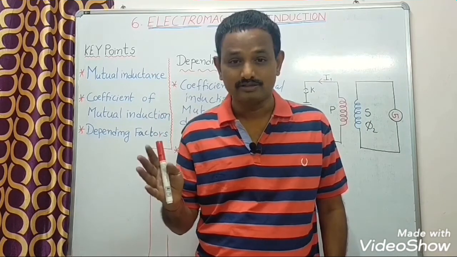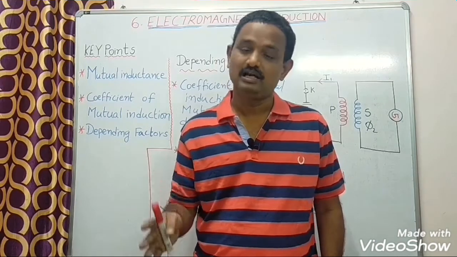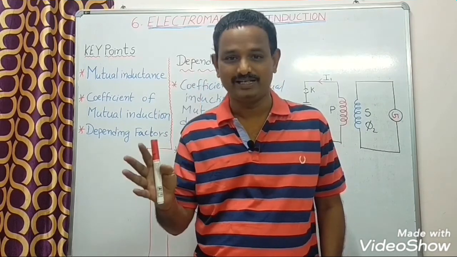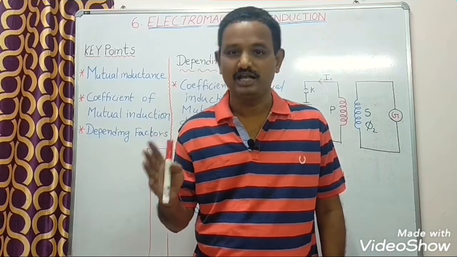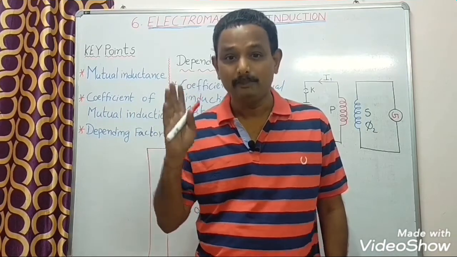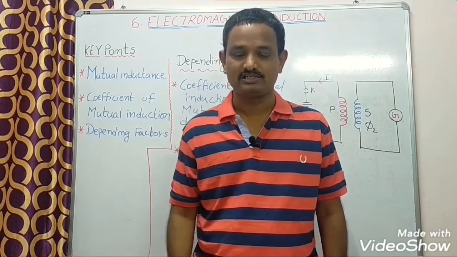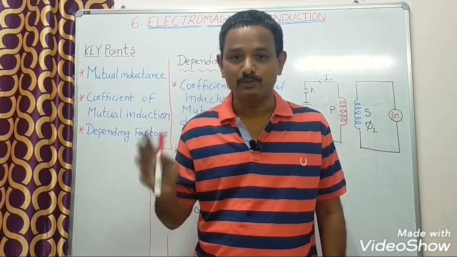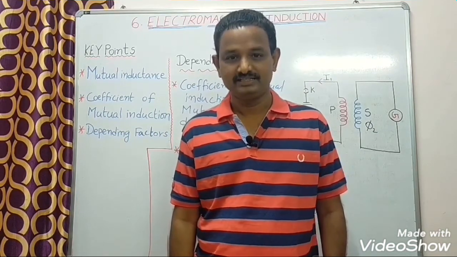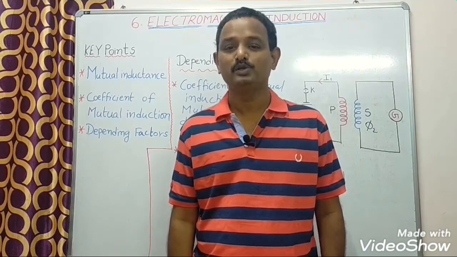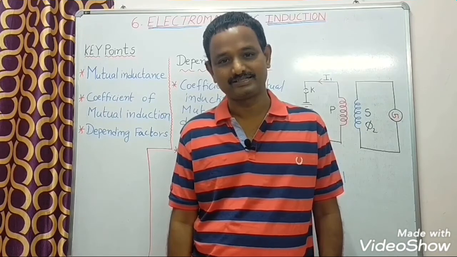They depend upon the number of turns of the two coils and also the nature of the core material. They depend upon the distance between the two coils and also the relative placement of the two coils. In the next session, we will discuss mutual inductance of two long coaxial solenoids.